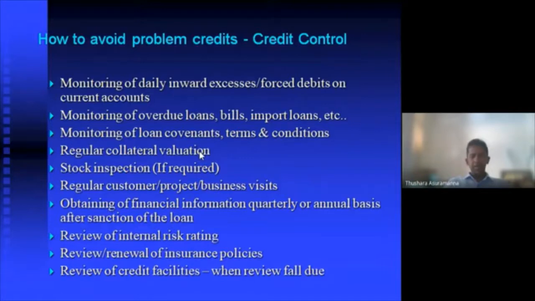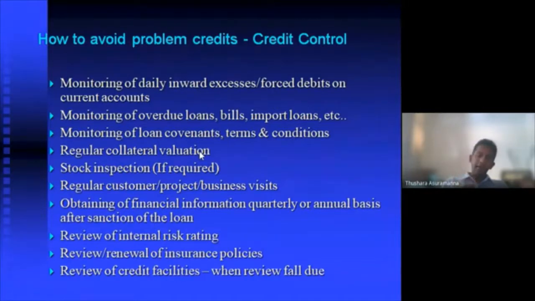Loan covenants, terms and conditions. It's another important parameter. Because whenever you approve a credit, you impose some terms and conditions. You also impose some covenants, saying this much of cash build-up, this much of business turnover, submission of financials, submission of stock reports, and so many things.